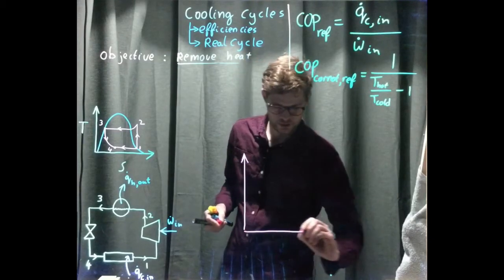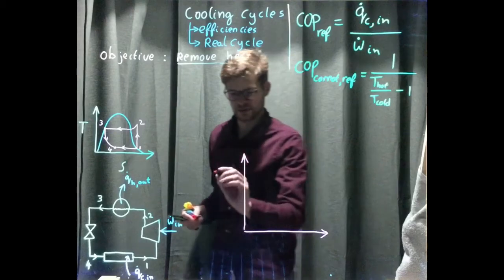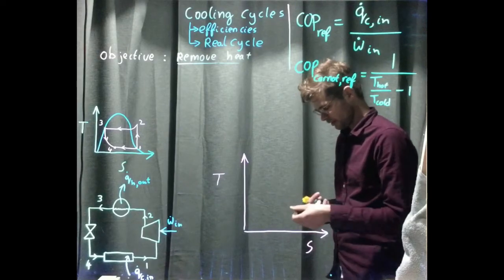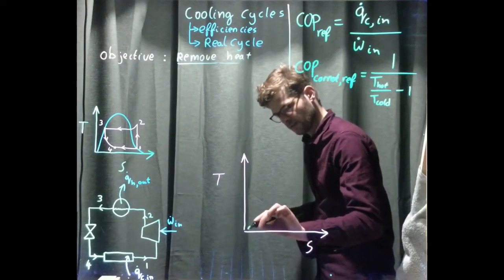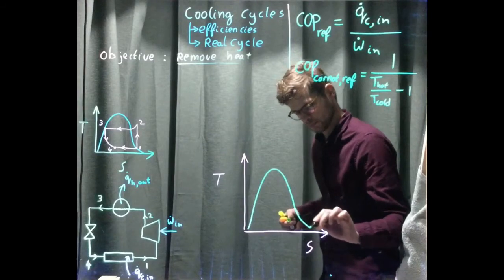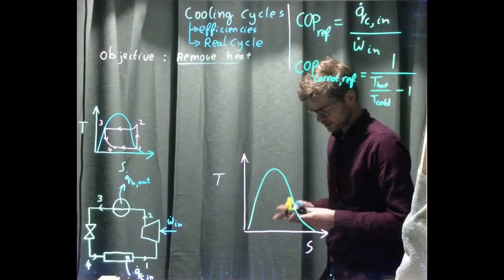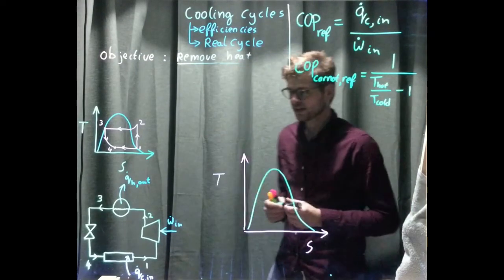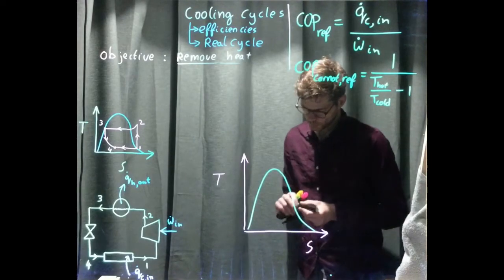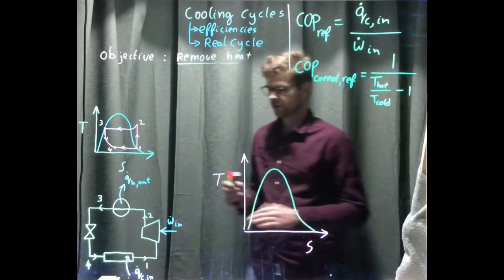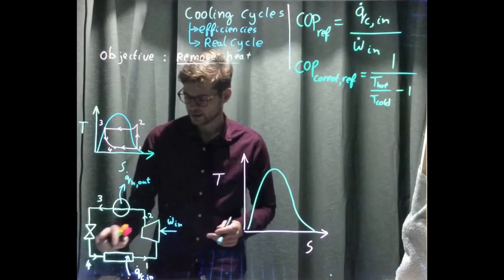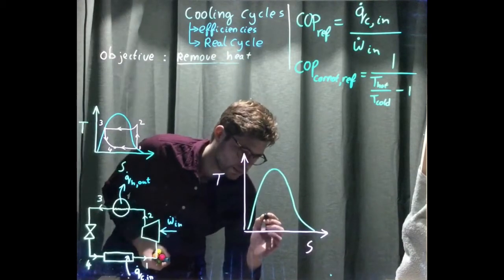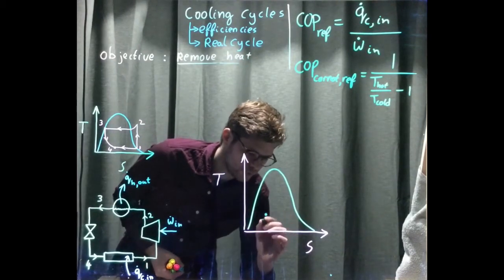The TS diagram, temperature, entropy, and over here the vapor dome, and now I'm going to draw the cycle. I'm going to start at point 4, after the throttling valve, and that will be about here, point 4.